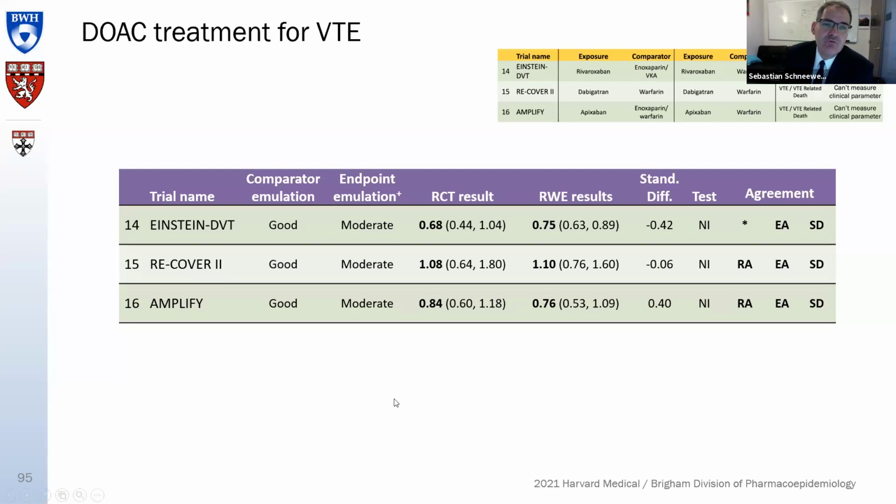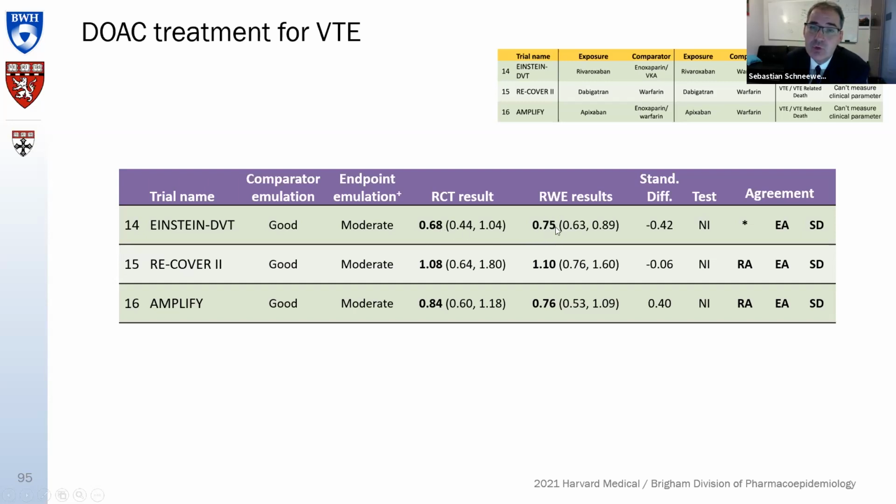Randomized trials 14, 15, and 16. These are the direct oral anticoagulants in DVT treatment. Good comparator emulation, moderate endpoint emulation of the DVT. Look at the point estimates here, 0.68, 0.75. This is one instance where we have more information in the real world evidence.